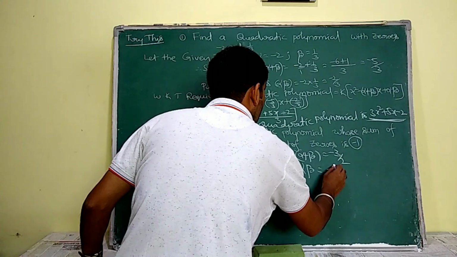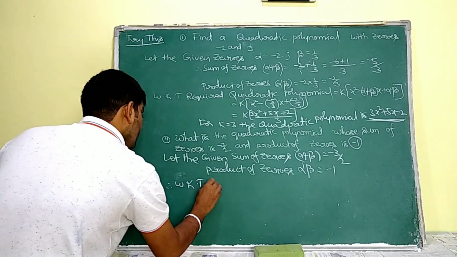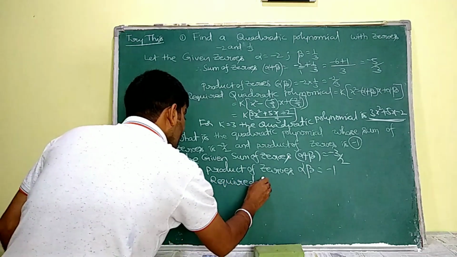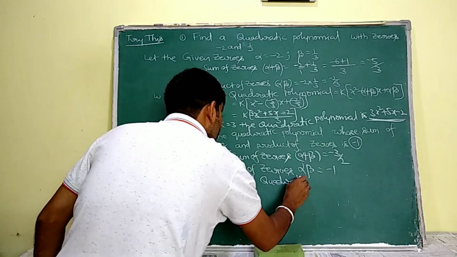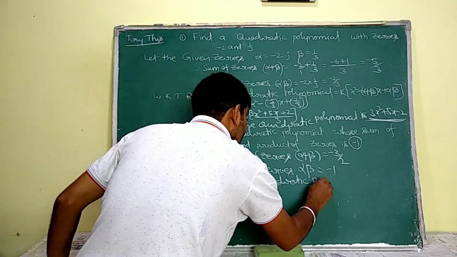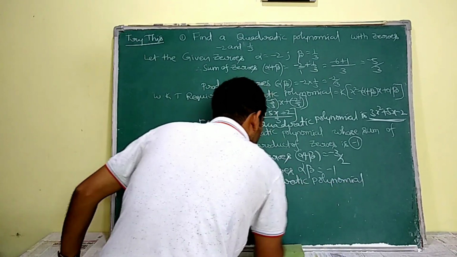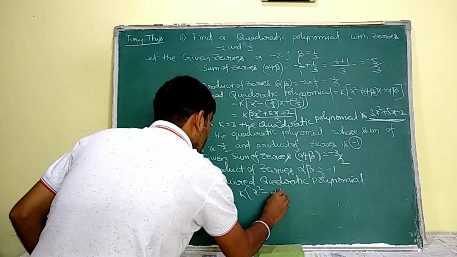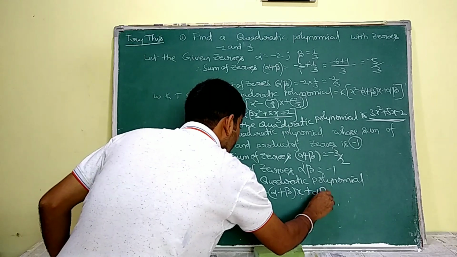Minus 1. Therefore we know that the required quadratic polynomial is equal to k into x square minus alpha plus beta into x plus alpha beta.